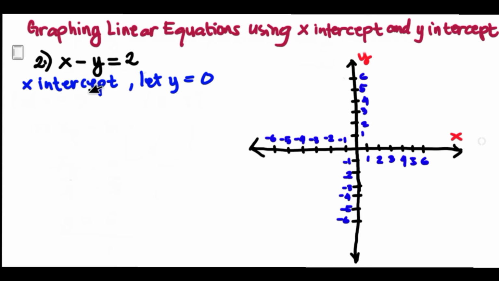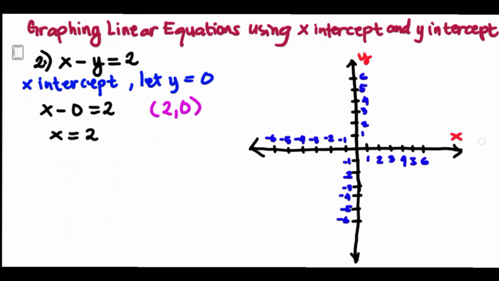Okay, so si y daw ay 0, so magiging x minus 0 is equal to 2. So, x is equal to 2. So, yung ordered pair para dyan is si x ay 2 and si y ay 0. So, ang ordered pair natin, or yung unang point natin, is 2, 0.